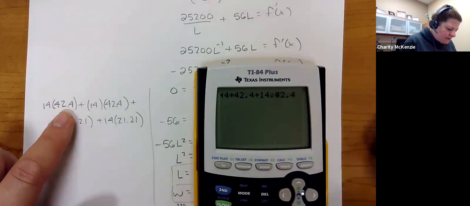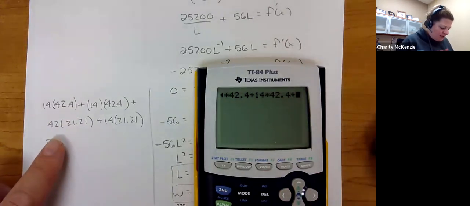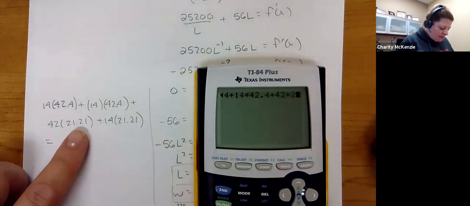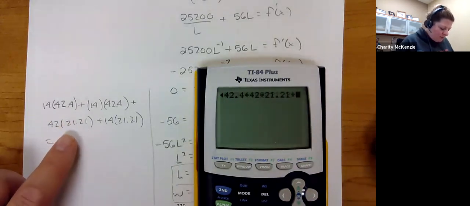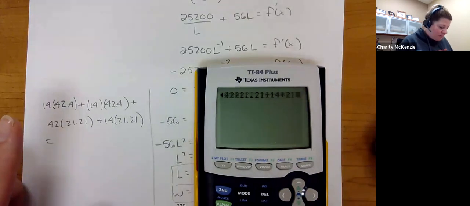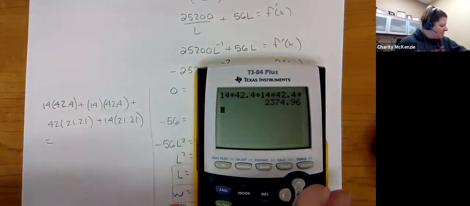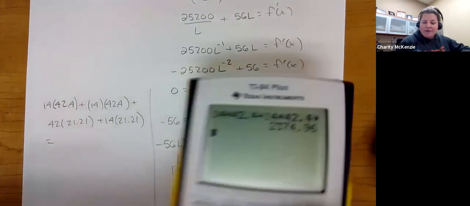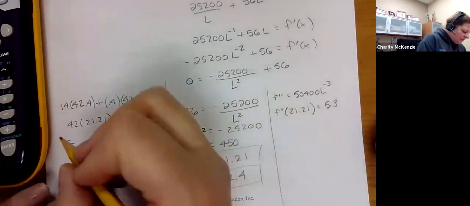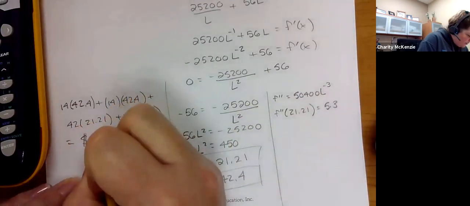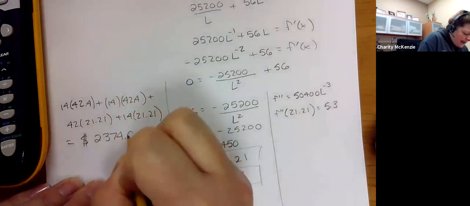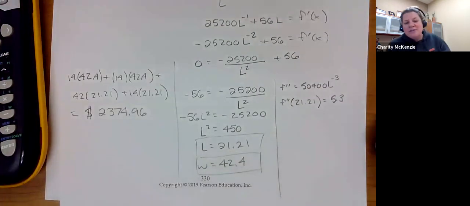I didn't push times. $14 times 42.4 plus 42 times 21.21 plus 14 times 21.21. And I get $2,374.96. That's what I get for the total cost of my fence.